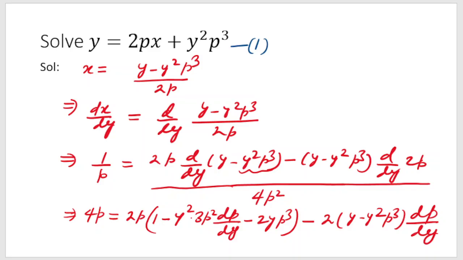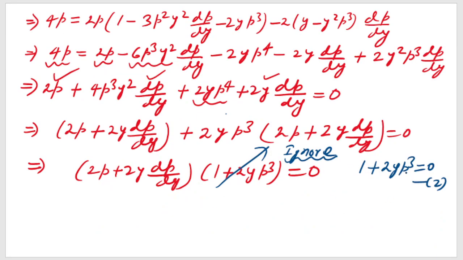So from equation 1 and 2, if I eliminate p, what I will get is the singular solution. But since we are not looking for singular solution, we are looking for general solution, I am going to ignore this part. So I hope you got the idea, that we have to take that factor or that term in the solution here, which is having dp by dy term, right?